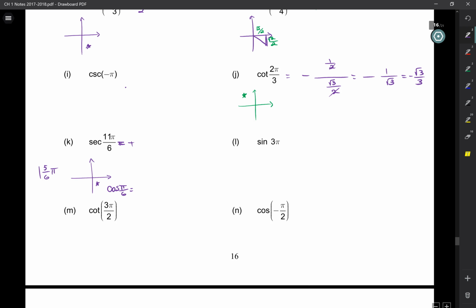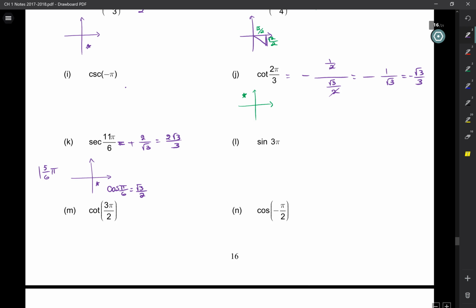Pi over 6 is the smaller angle, faces the smaller side. So the cosine, which is the horizontal, will be root 3 over 2. So this is 1/2, this is root 3 over 2. Cosine is root 3 over 2, so secant is 2 over root 3.